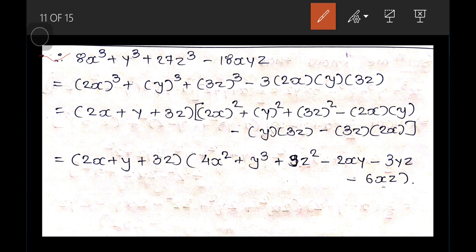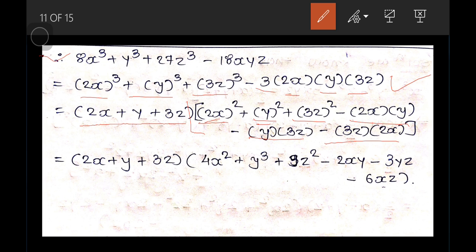We can write this expression as 2x whole cube plus y cube plus 3z whole cube minus 3 into 2x into y into 3z, and we can write this expression with the help of identity number 8, that is a plus b plus c, that is 2x plus y plus 3z, in bracket the square of the first term, square of the second term, and square of the third term, minus the product of the first and second, the product of the second and third, and the product of the third and first.